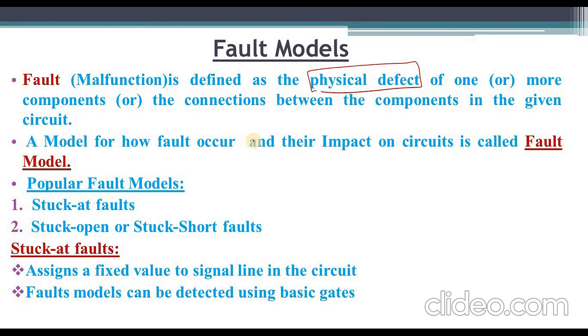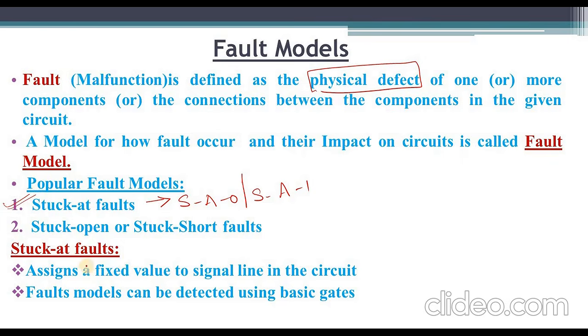So we have two popular fault models: stuck faults, and stuck open or stuck short faults. Stuck fault means we have the stuck 0 fault and the stuck 1 fault. Fine. So initially we are going to discuss stuck faults.